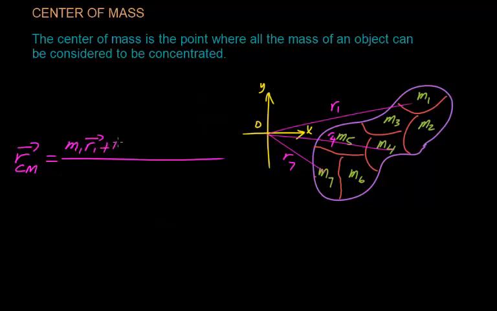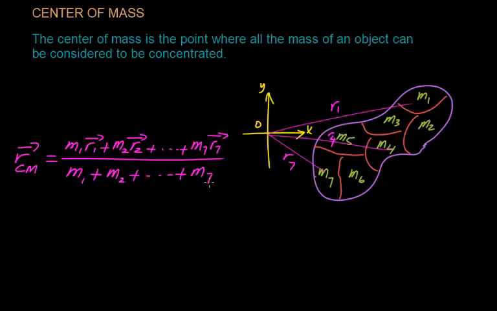Then you go to the second mass, M2 times R2. And you keep going to the next one until you complete all of them. In my case, I have 7, so it's going to have M7 R7. Divide by the sum of all the masses, M1 plus M2, and you keep adding until the last mass, which in my case is M7.